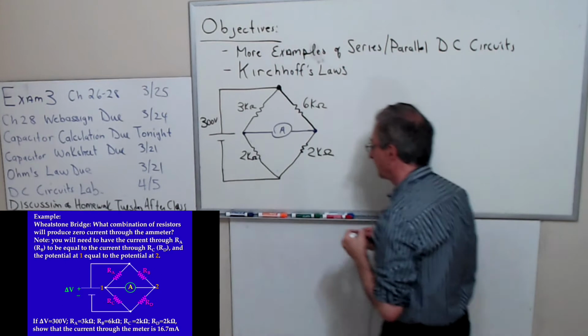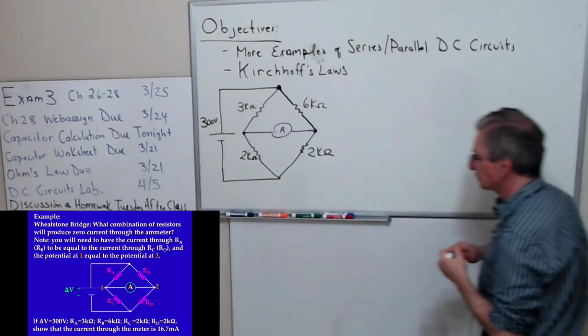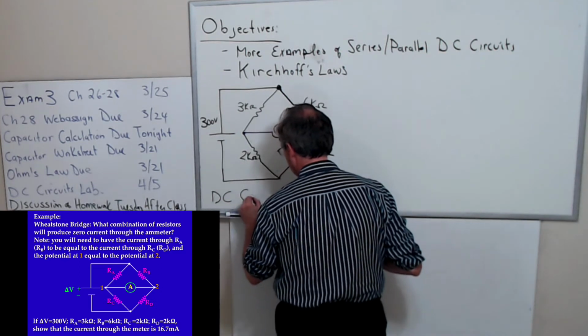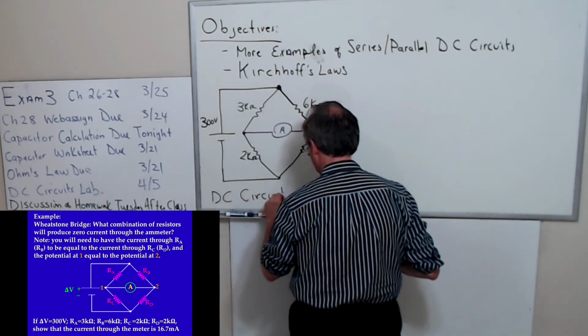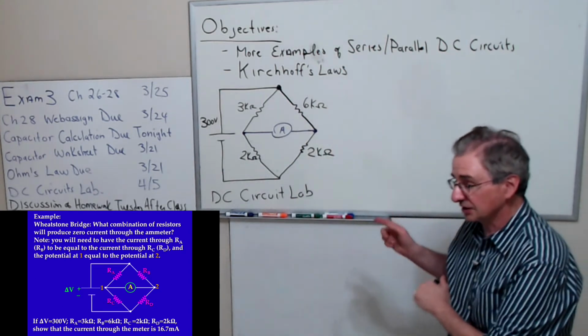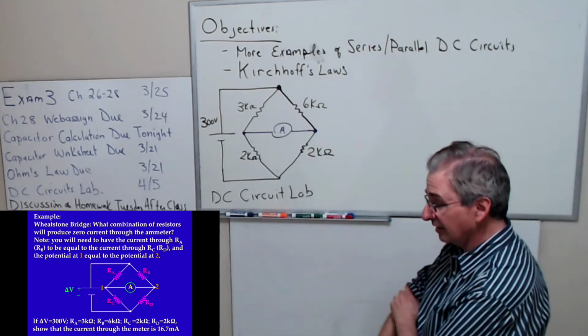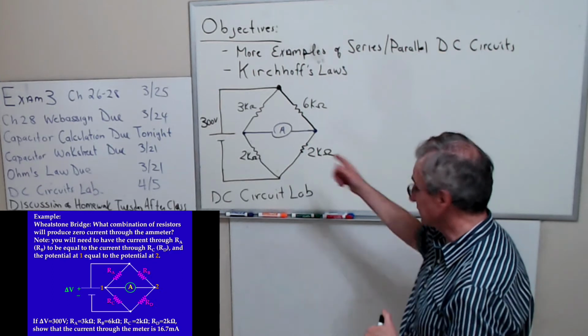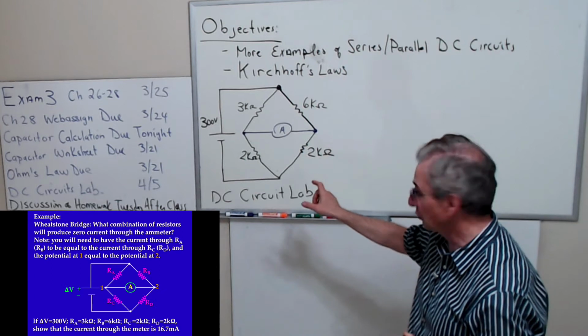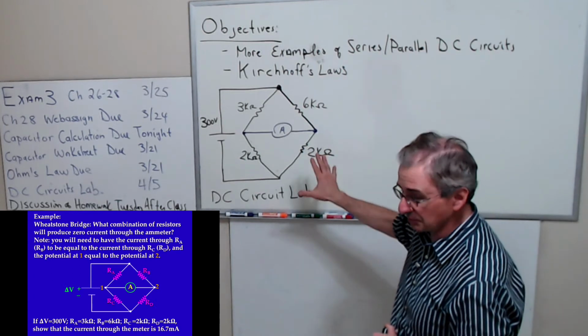Let me go back here. When we do the DC circuit lab, this is one of the circuits you're going to be doing. So pay attention to this, because the following Thursday, this is the lab I'm going to talk about. And what you're going to do is make measurements of this system.